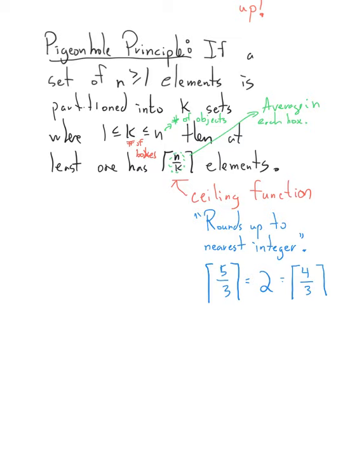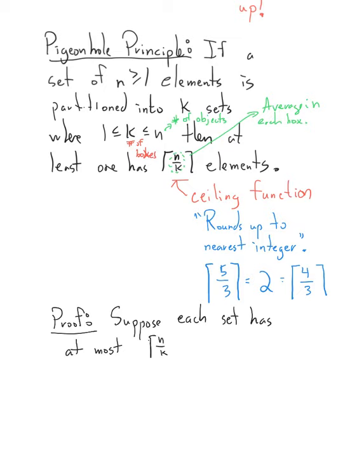So let's prove this. The proof is quite easy. We'll do it by contradiction. So we're going to suppose that this isn't true. So suppose each set has, let's say, at most the ceiling of n over k minus 1 elements. Well, what happens here?